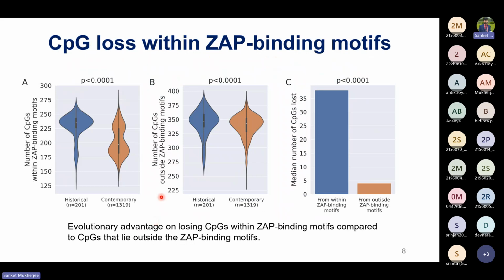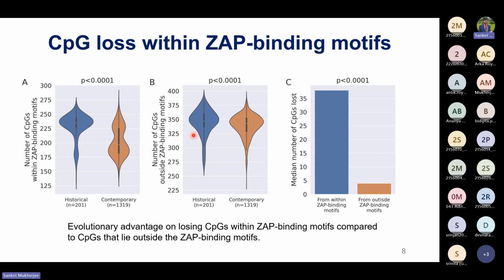These ZAP binding motifs are specific sequences which contain CpG. We had to see whether CpG is lost only within the ZAP binding motifs, or whether the loss is random, inside and outside. We saw that the loss of CpGs within the ZAP binding motif is pretty significant.